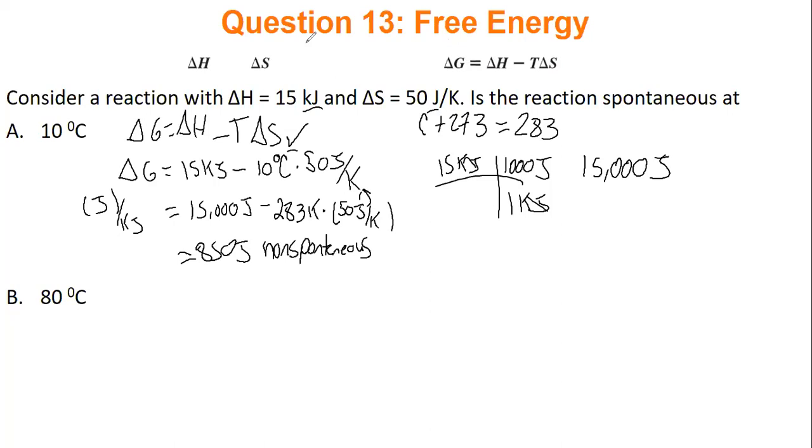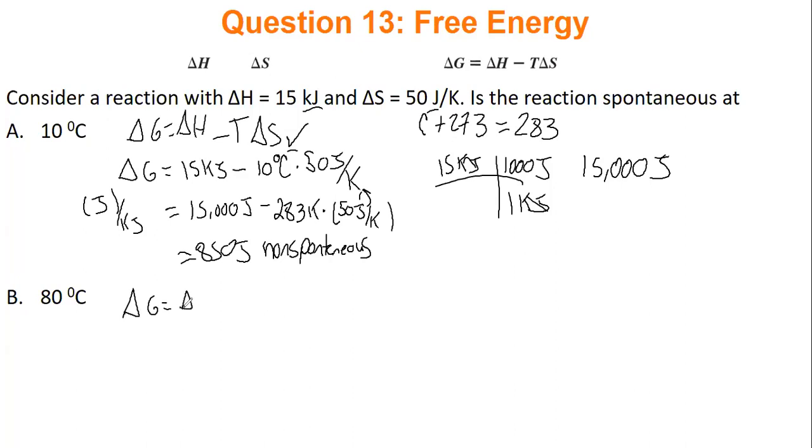Minus 2650. No answer is complete without units. So delta G, joules. Yep, always remember that. When doing math, especially science, if you just put a number down, that number does not mean anything unless you have the units with it.